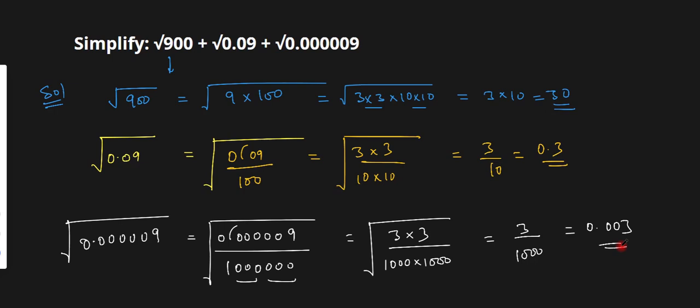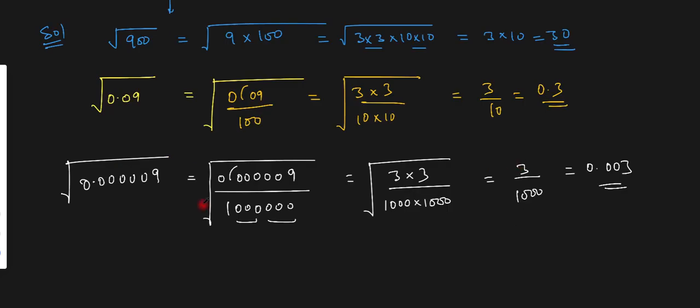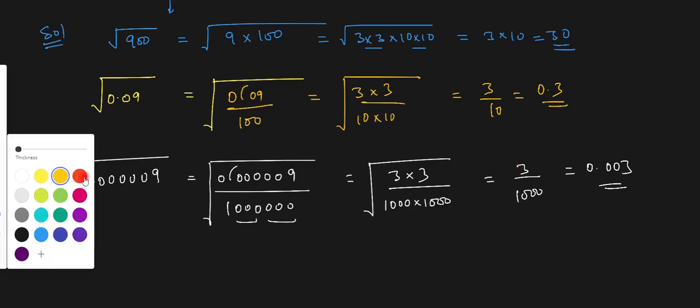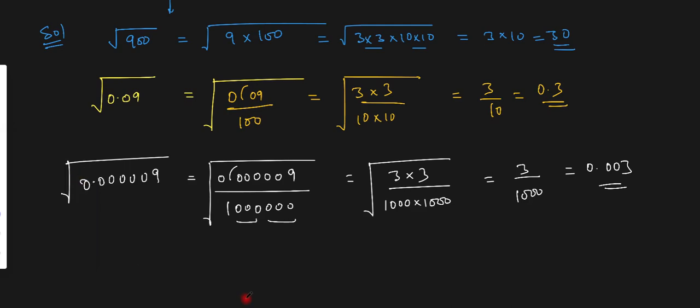Okay, now if you add these values, what you'll have, 30 plus 0.3. So I'll take some different color. So the answer is 30 plus 0.3 plus 0.003.